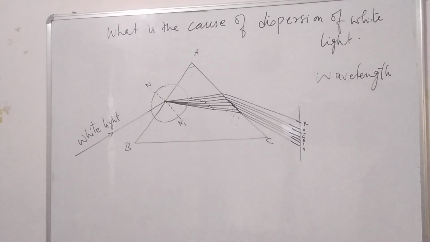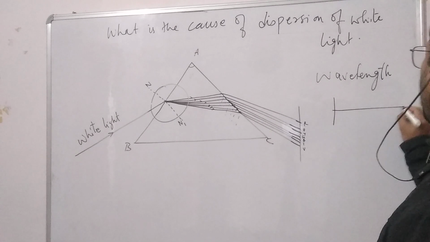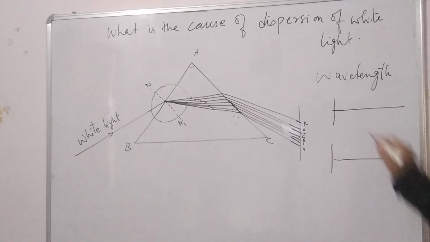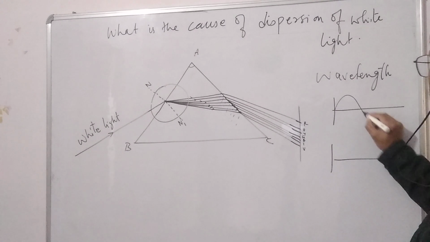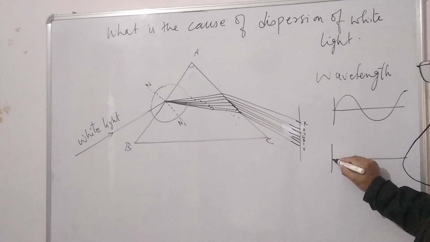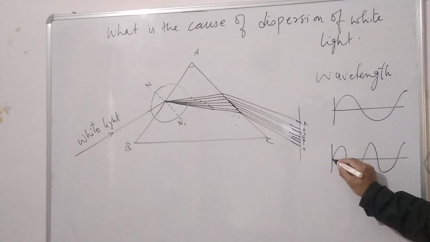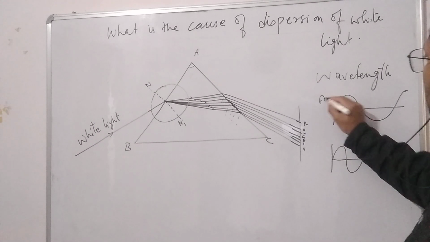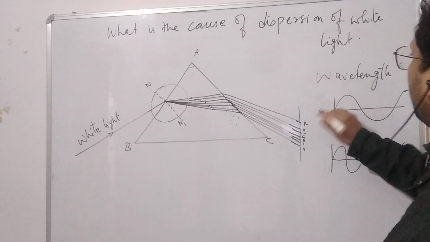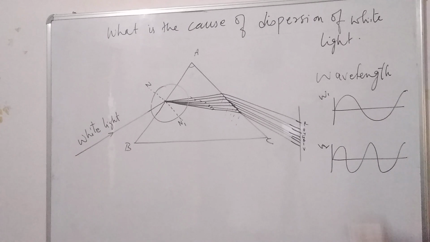This is an important term. Now I will draw a graph of wavelength to show you. Can you see the difference between the graphs I have drawn here, W1 and W2?